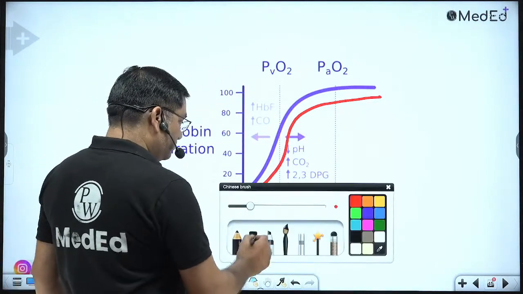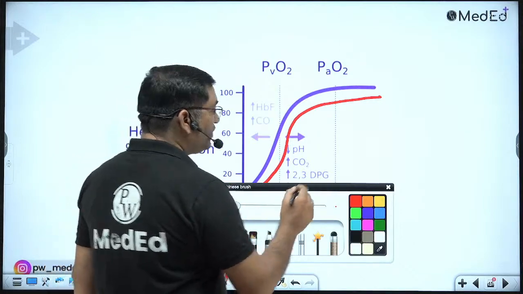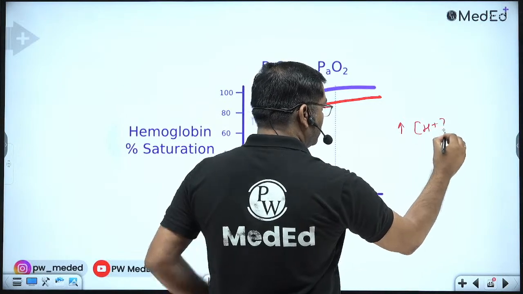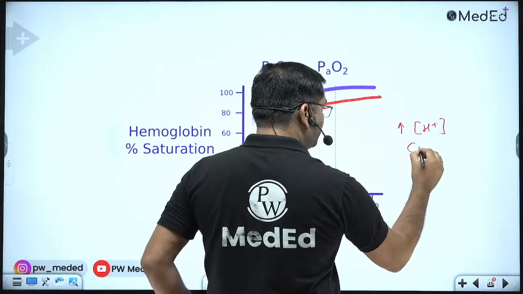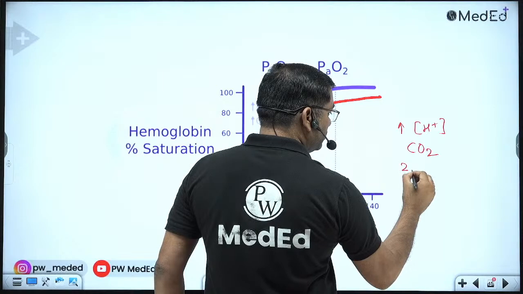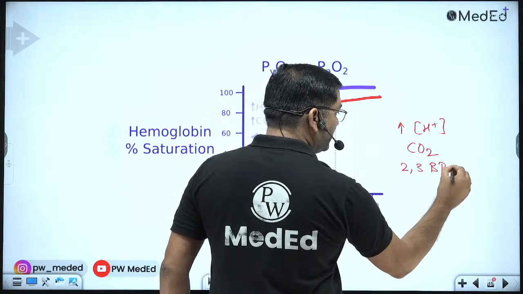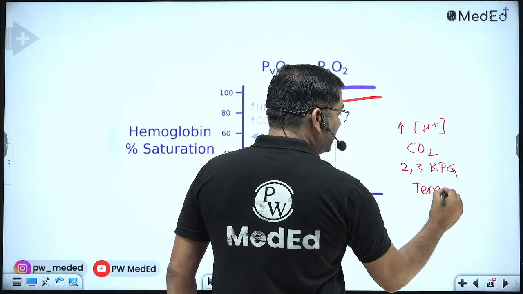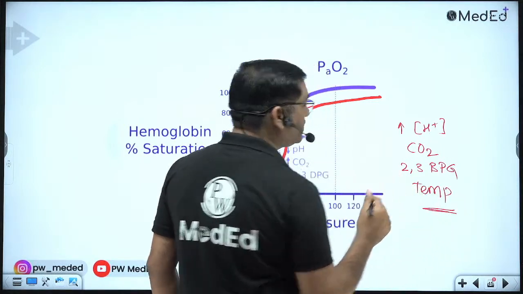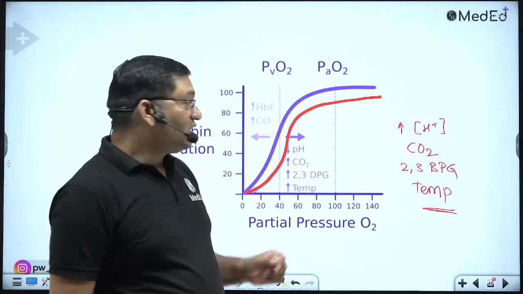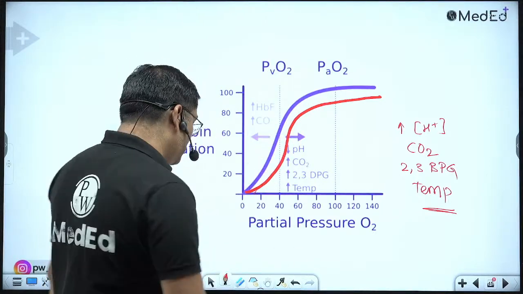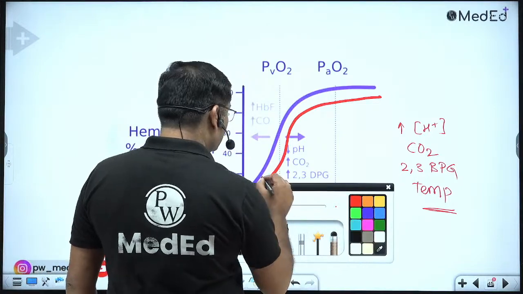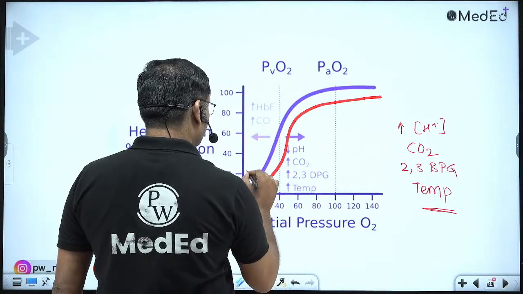The negative effectors are increase in H ion concentration, CO2 level, 2,3 bisphosphoglycerate and temperature. These shift the oxygen dissociation curve to the right. It is a sigmoidal shaped curve. In case of myoglobin, the curve is like this.